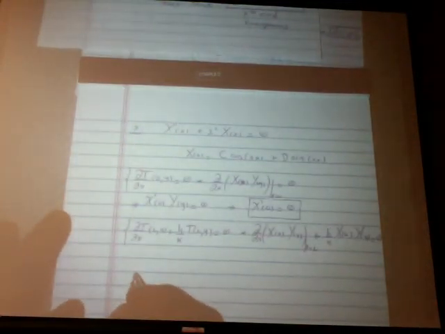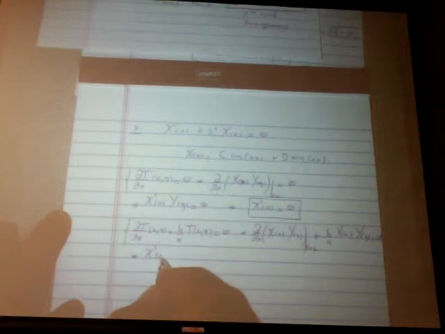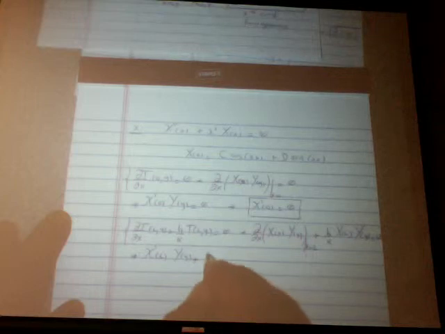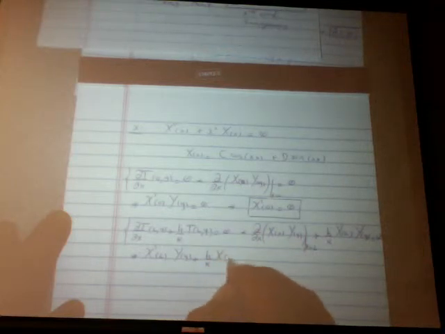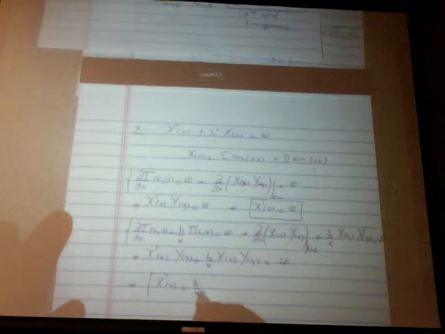So that means that X prime of L times Y of y plus h over k X of L times Y of y is equal to 0.